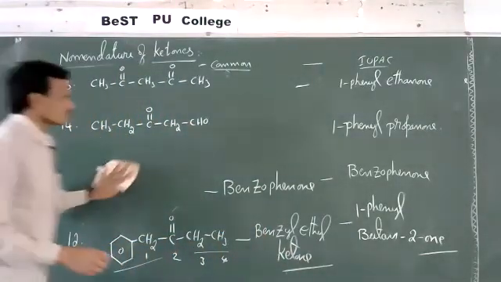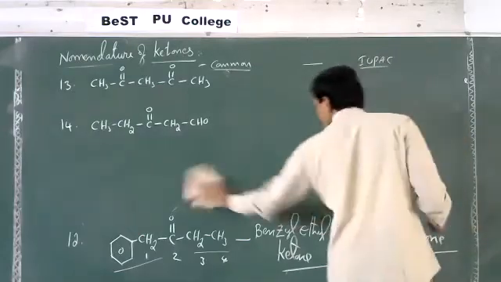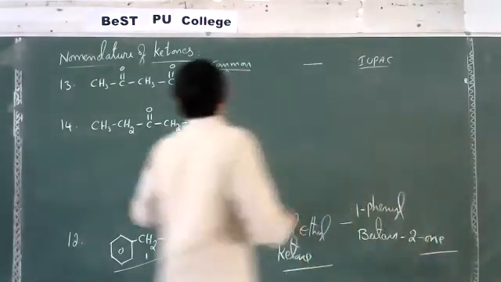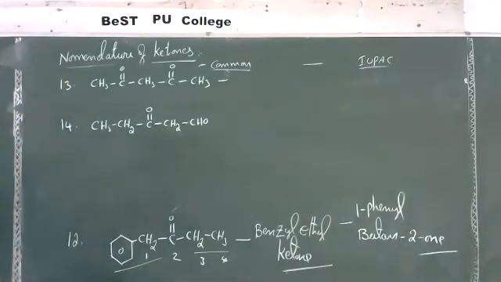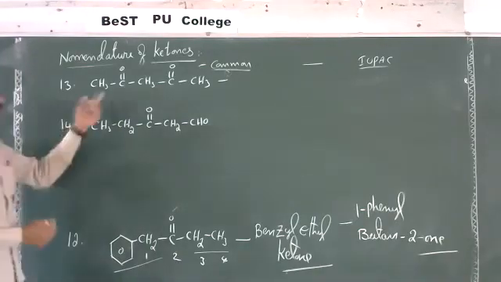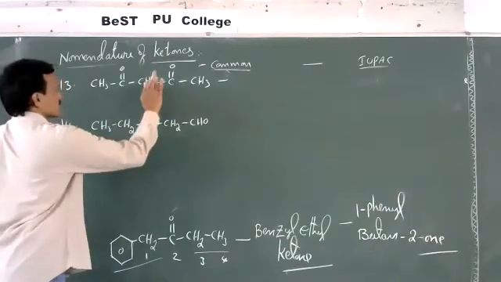Right. Now let us see the last two examples. See, if you observe here, this compound consists of two keto groups. Simply, this is CH2, not CH3.